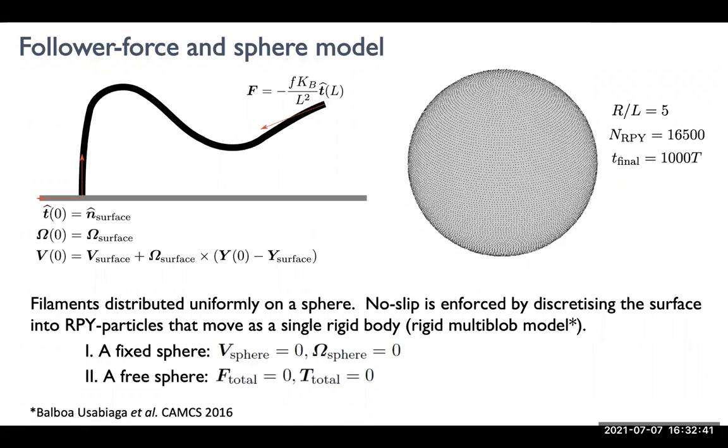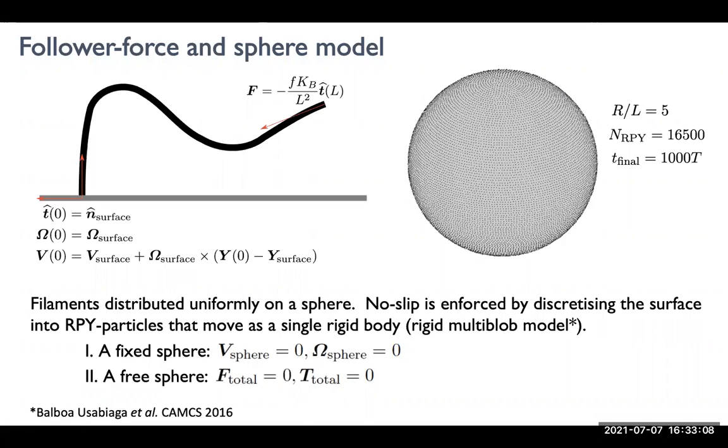So you can imagine starting off initially with a straight filament and prescribing a force in the minus tangent direction at the end, so it's compressional. And eventually, if you increase the magnitude of this force, given by the dimensionless parameter little f, your filament will eventually buckle.